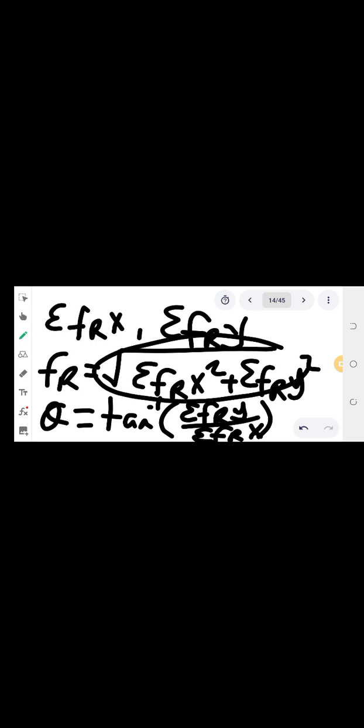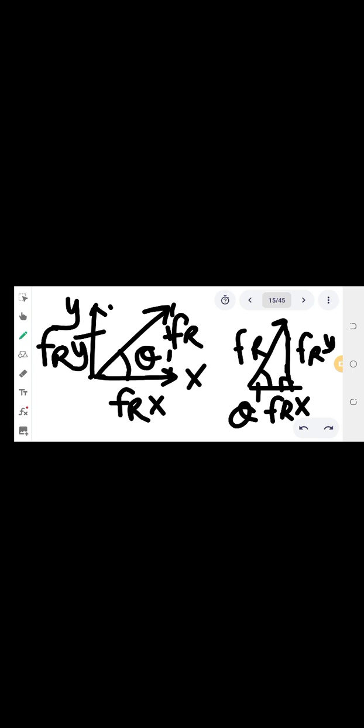So this is where it is coming from. Where we have been asked to calculate theta, we know that this line here is the opposite, and this is the adjacent. So tan theta is equal to opposite over adjacent.